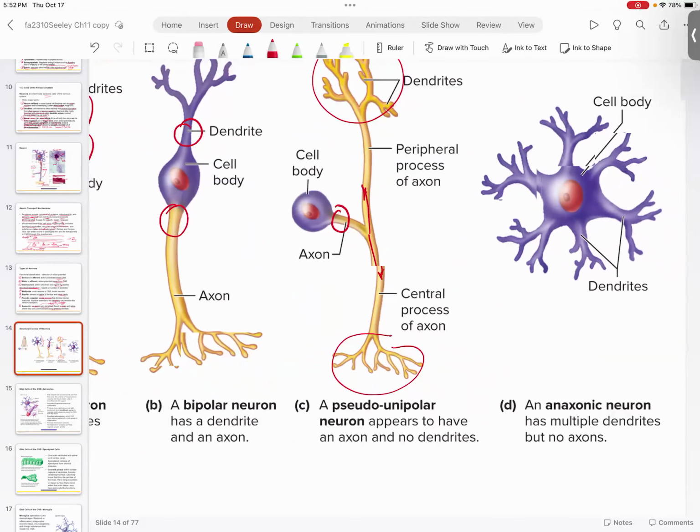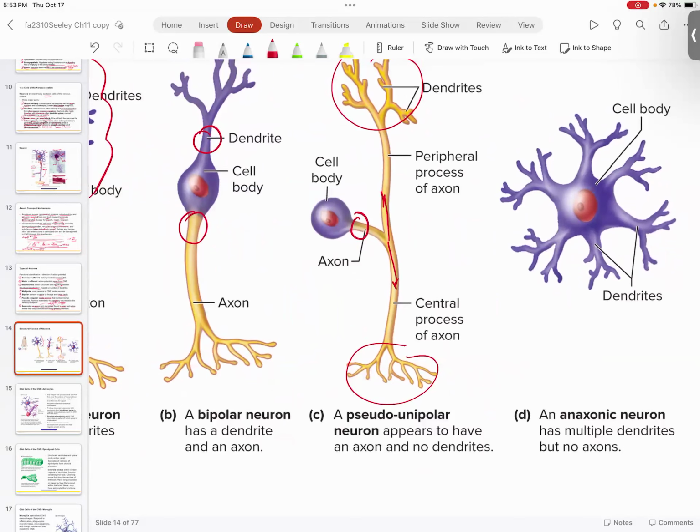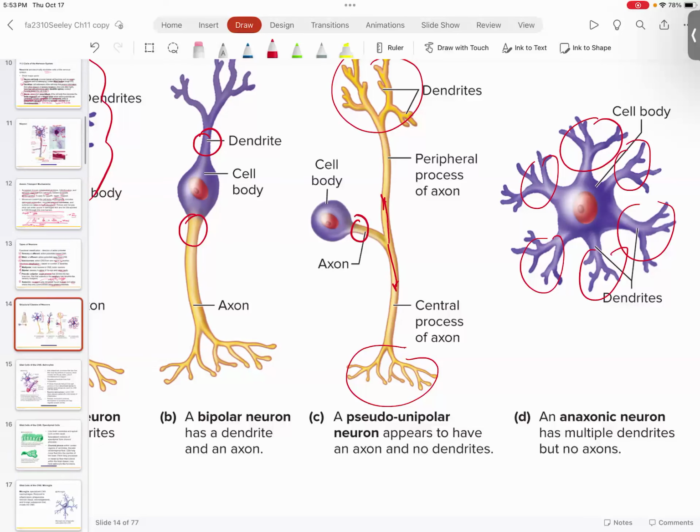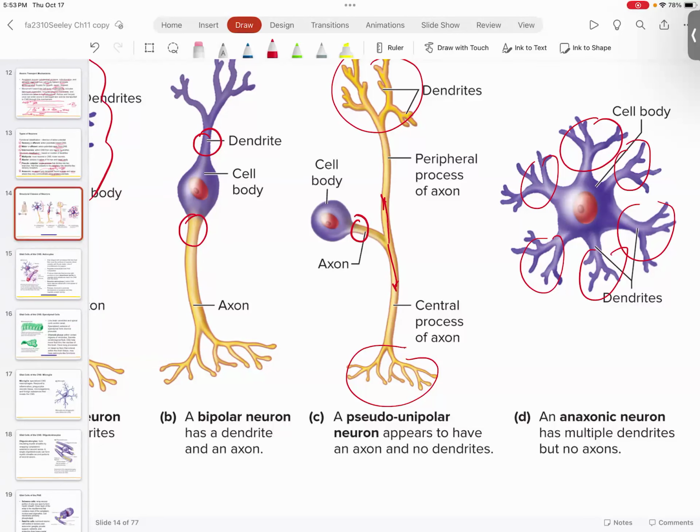And then the anaxonic neuron basically has nothing but dendrites, because you're receiving information and you can also use those dendrites to send information. So this is for high coordination of messages and processing of messages.